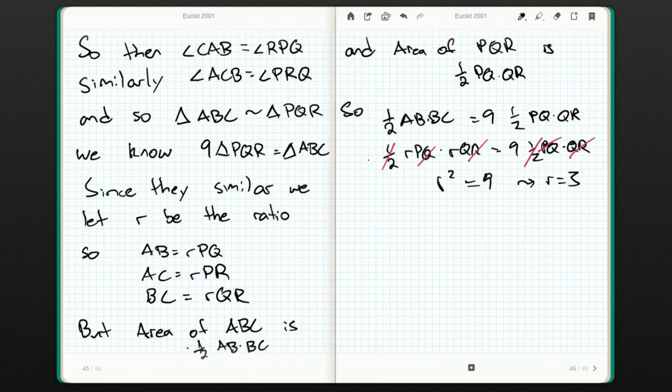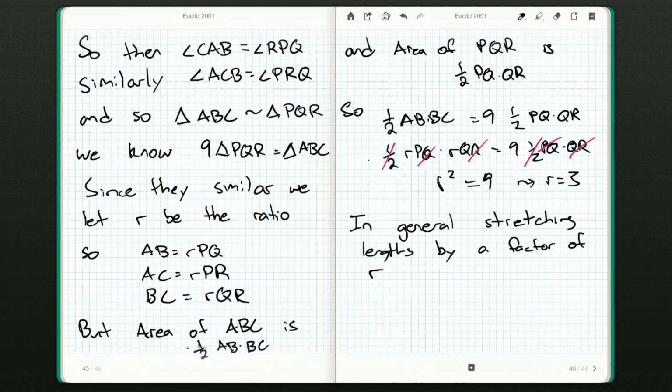So just in general, stretching lengths by a factor of R increases the area by R squared, the volume by R cubed.